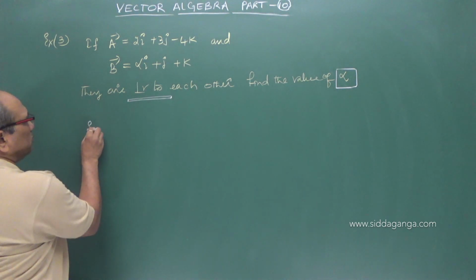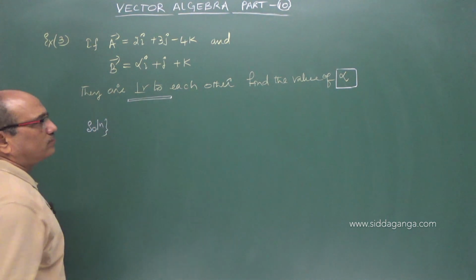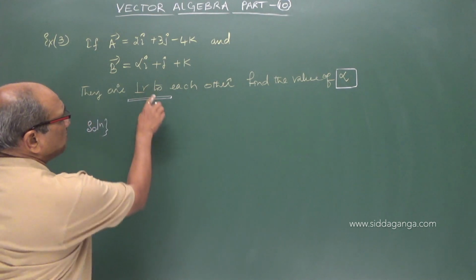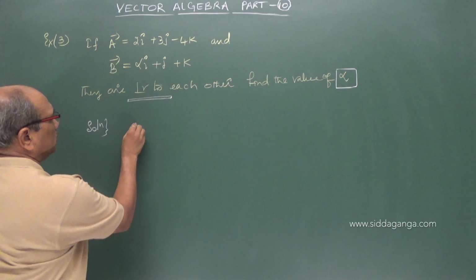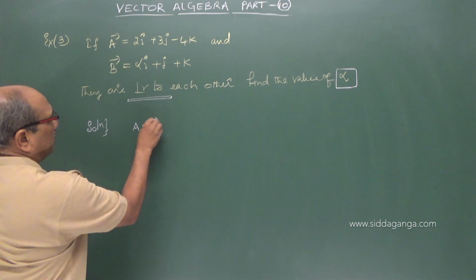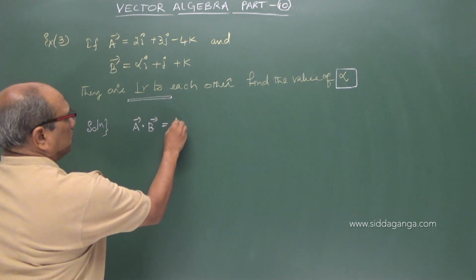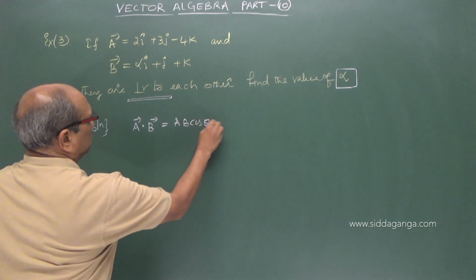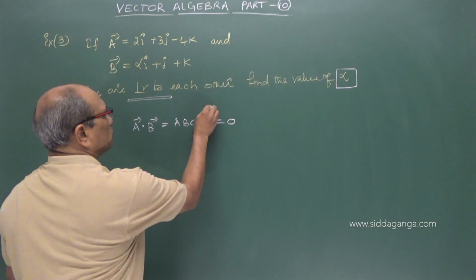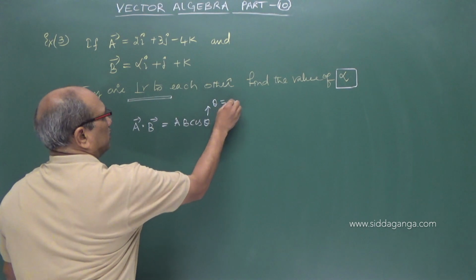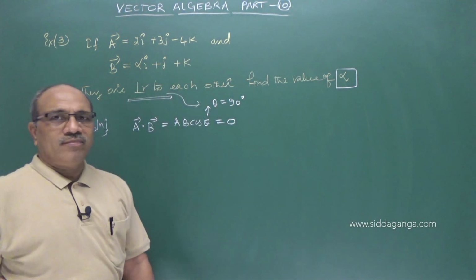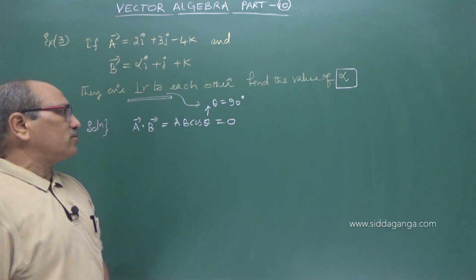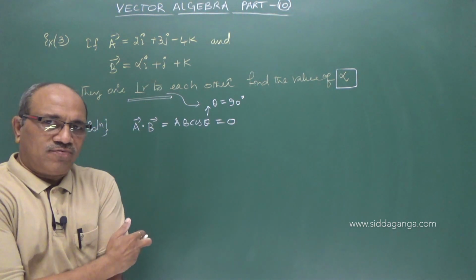In the solution, perpendicular helps you because you can directly take A dot B, where AB cos theta becomes 0 since theta is 90 degrees. A dot B vanishes, and that helps you find the value of alpha.